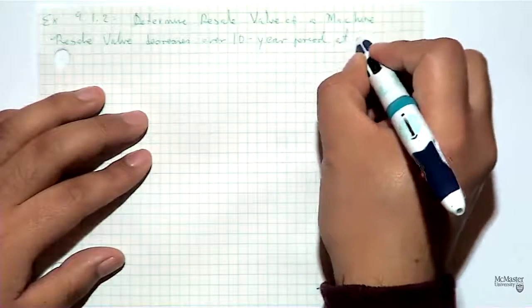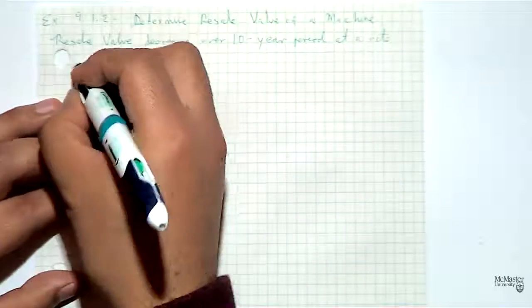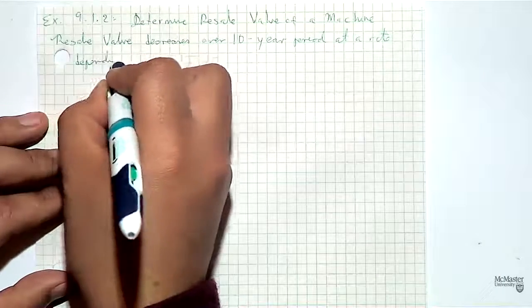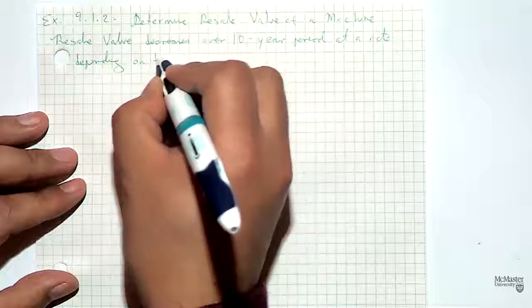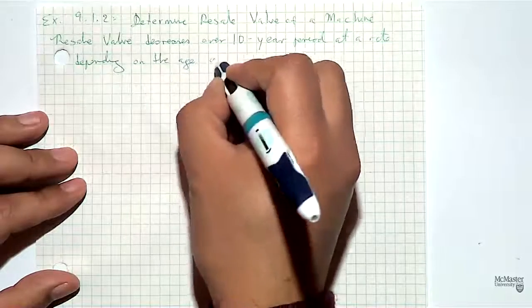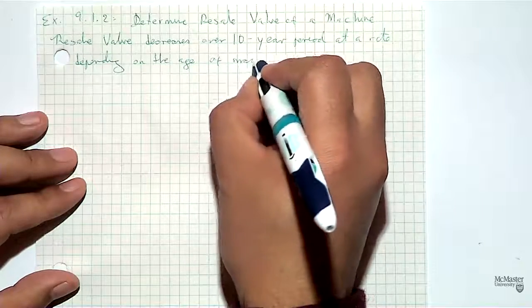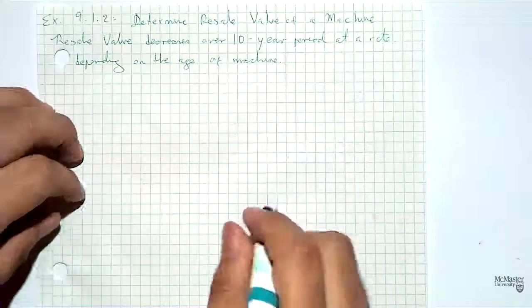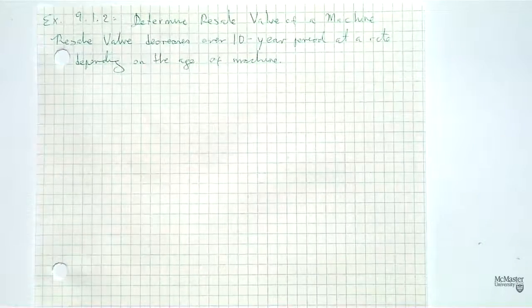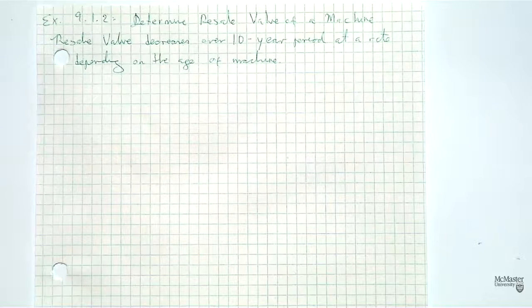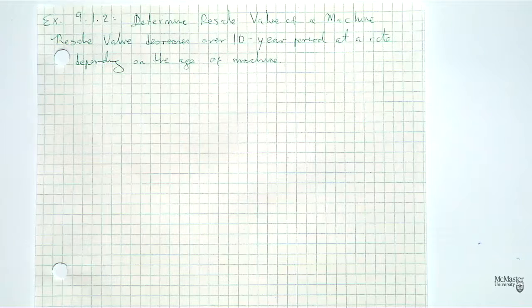At a rate that depends on the age of the machine. I mean, it can be any kind of machine, right? The quickest example that comes to your mind is probably a car, right? When you buy a new car in the agency, of course, it decreases its value.